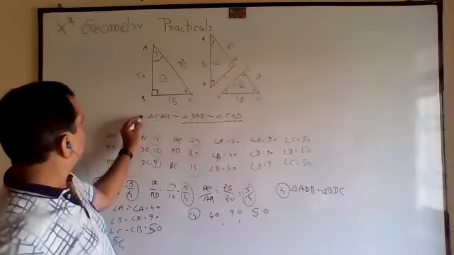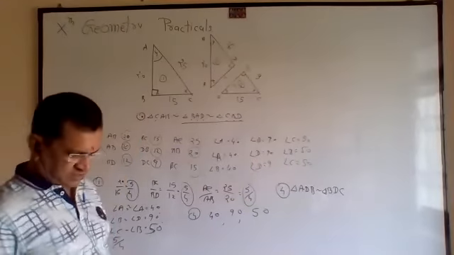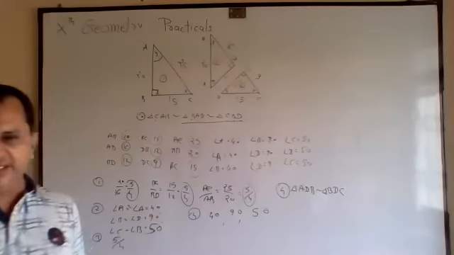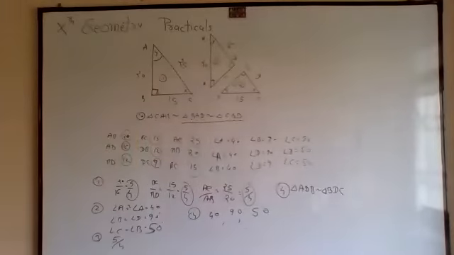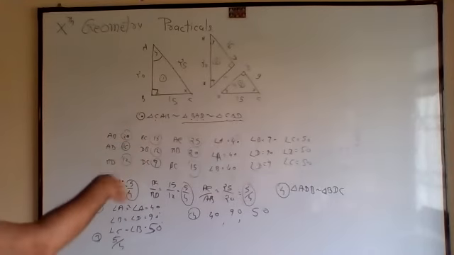And at the end, last point is this, that is given. Hence, it is proved practically that by measuring the sides and by measuring the angles, you can prove it is congruent.